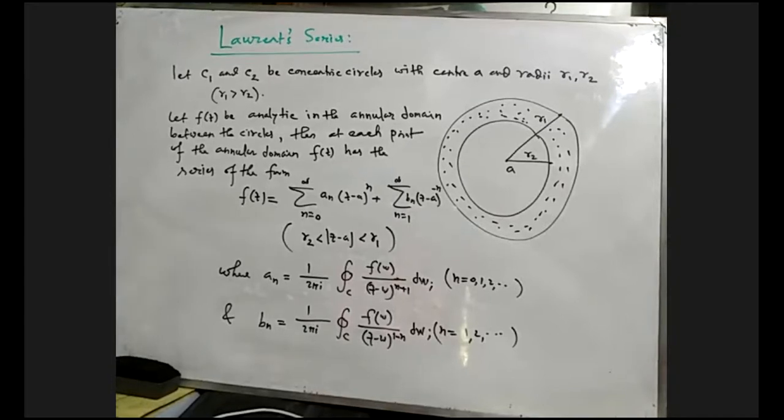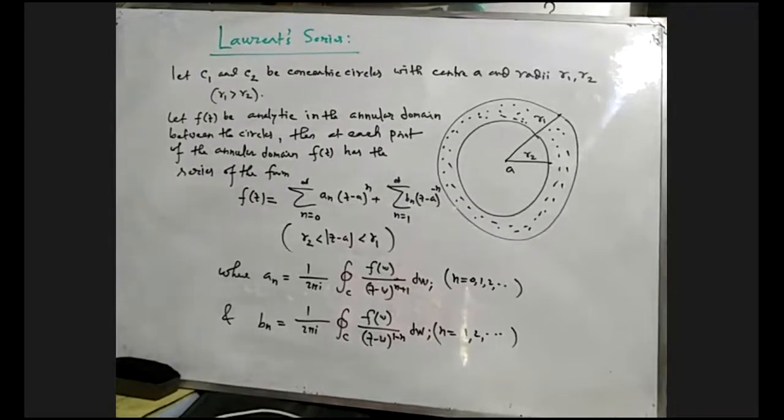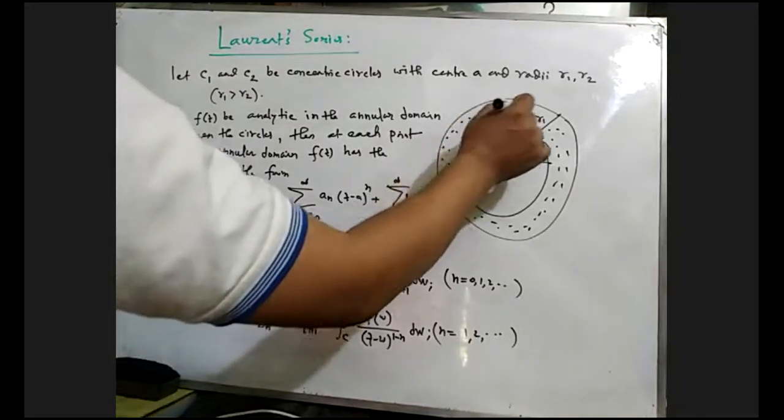So consider circles of radius R1 and R2, where R1 is greater than R2, and the annular domain. Which will be the annular? The annular will be this part.